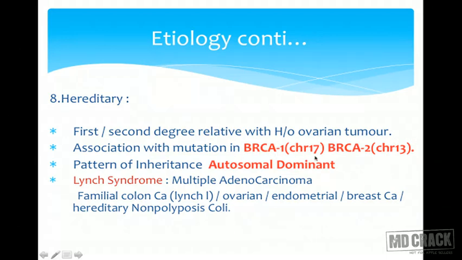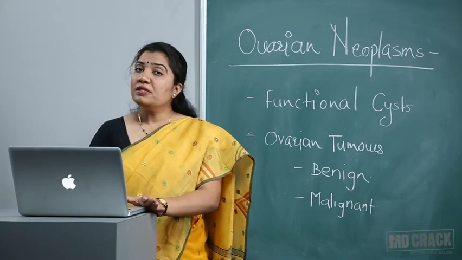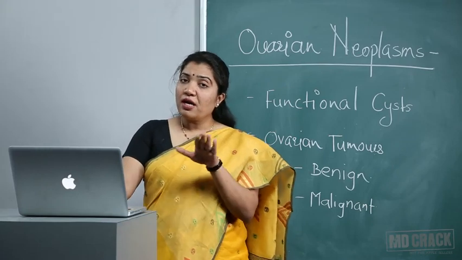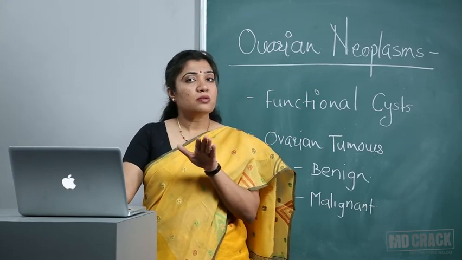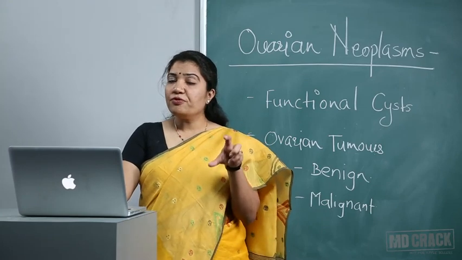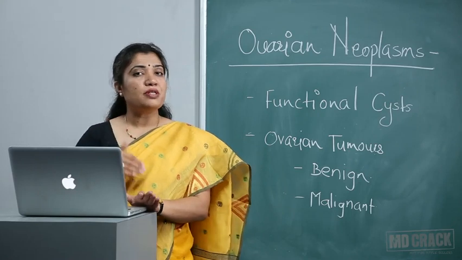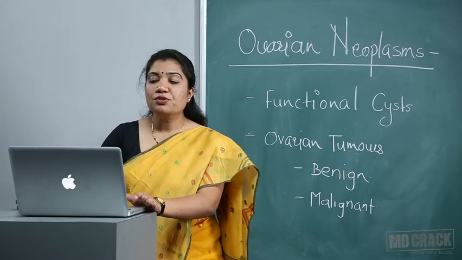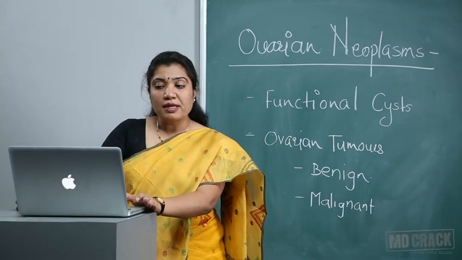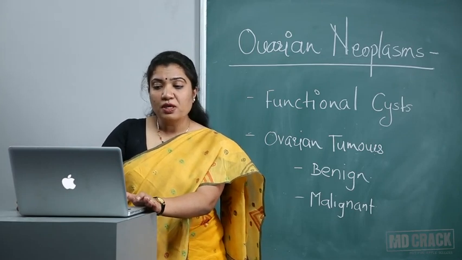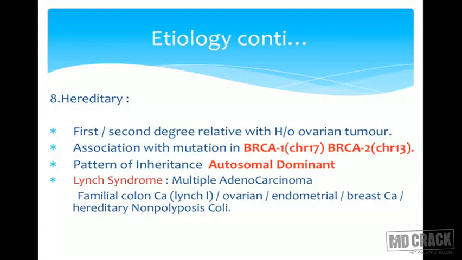The BRCA1 gene is present on chromosome 17 and the BRCA2 gene is present on chromosome 13. These are tumor suppressor genes. If they are normal, they decrease the risk. But if any kind of mutation is found in these genes, then naturally the patient has the highest risk of having cancers like CA ovary, CA breast. Pattern of inheritance is autosomal dominant.